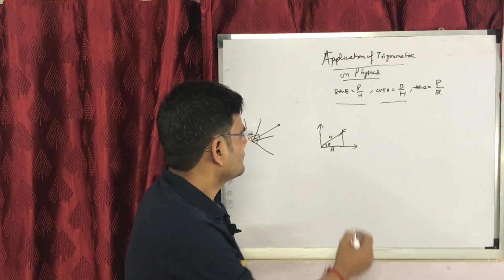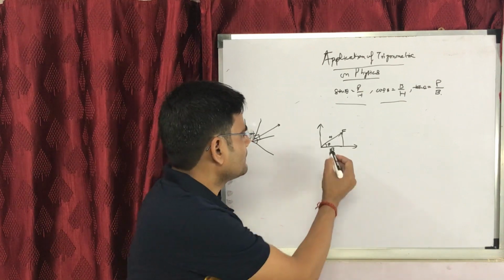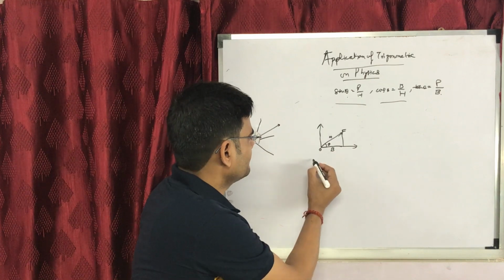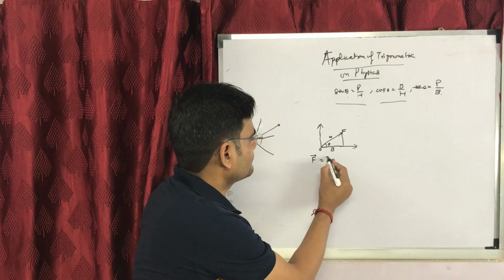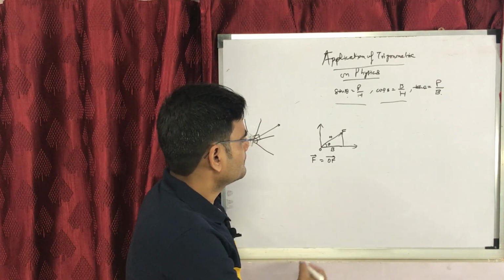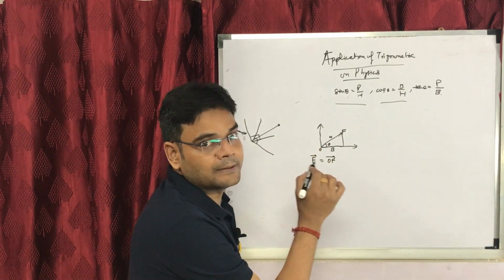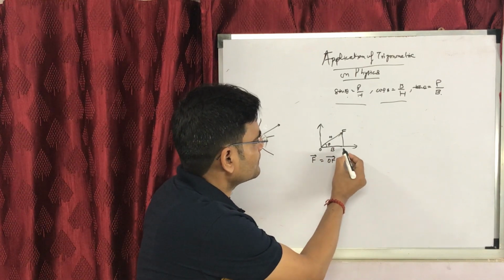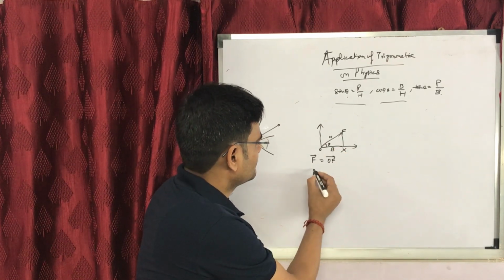And now you also must have heard of vector diagram. So if the force is this one, OF, force is a vector, right? Force is OF, correct? So by magnitude the horizontal component of the force is OX.